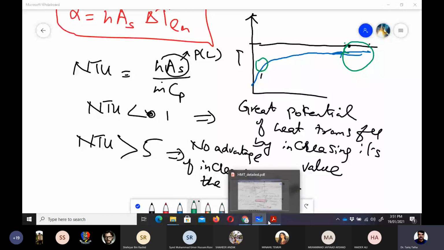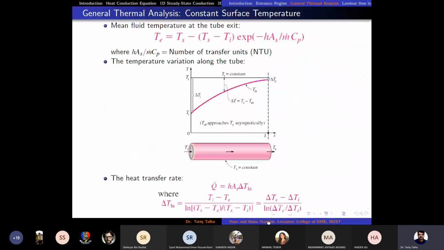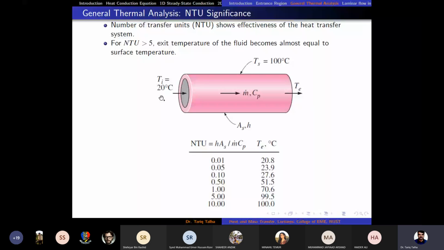So what is the practical problem? If I give you the numbers, consider a flow through a pipe in which the surface temperature is 100 and the inlet temperature is 20. Now you can see a table of NTU at the bottom.